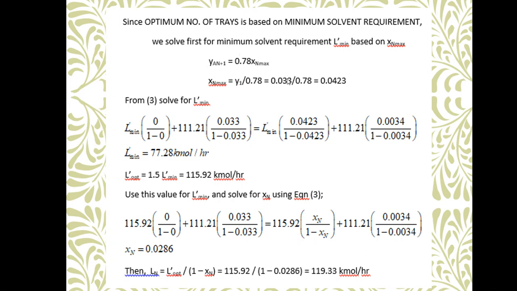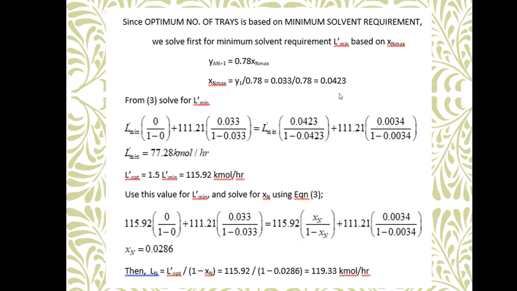Now, we will substitute. Initially, we have 3.3% of ethyl alcohol entering. We divide it by 0.78. And this is the expected maximum mole fraction of ethyl alcohol in the solvent that leaves your column.